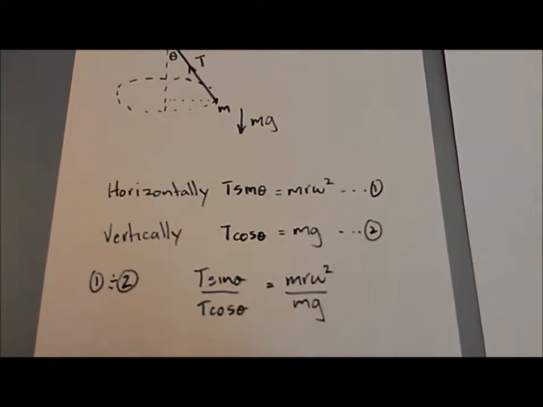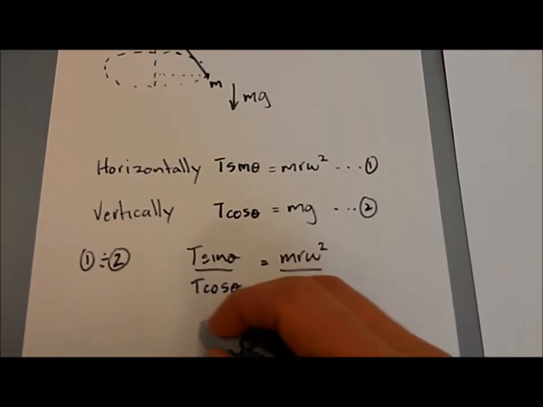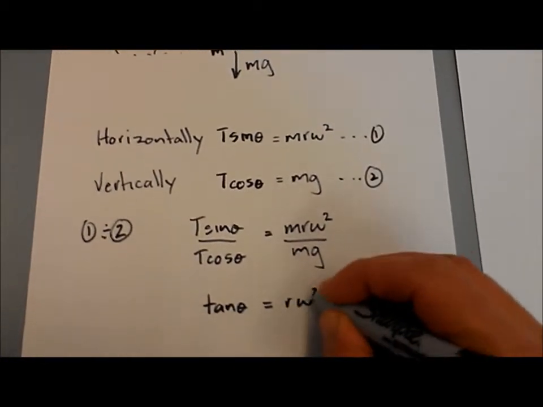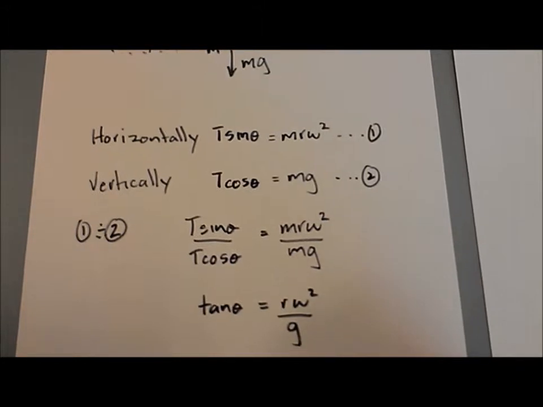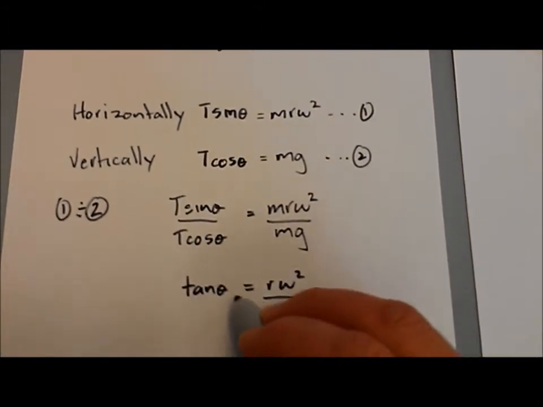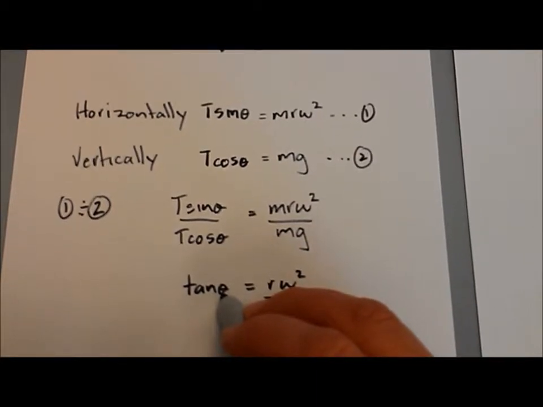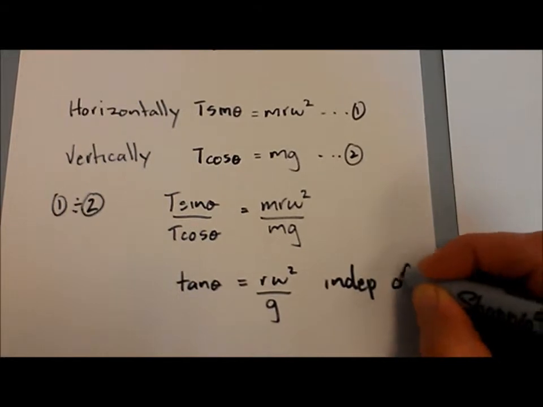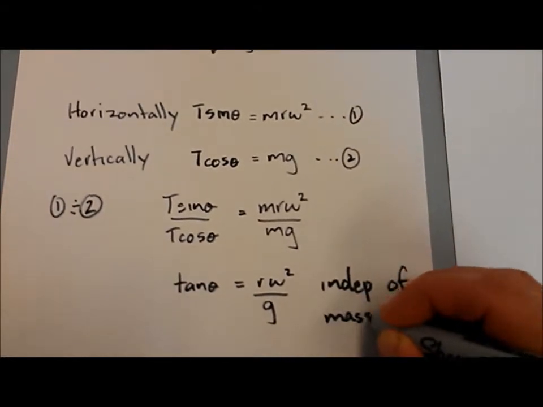The T's cancel and sine on cos is tan. So I get tan theta is equal to r omega squared on g. If you have a look at that, you notice that the angle of the rotation at the top is actually independent of the mass. The mass doesn't matter here.